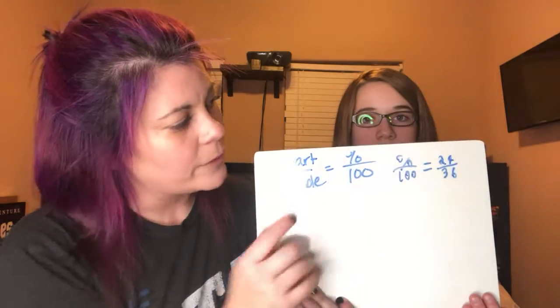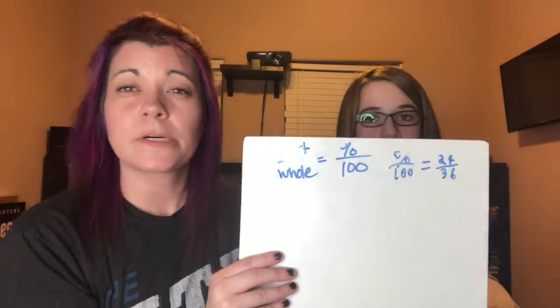Equals percent over 100. And now she's got to solve this proportion. So she's using the butterfly method. 100 times 29 is 2900.